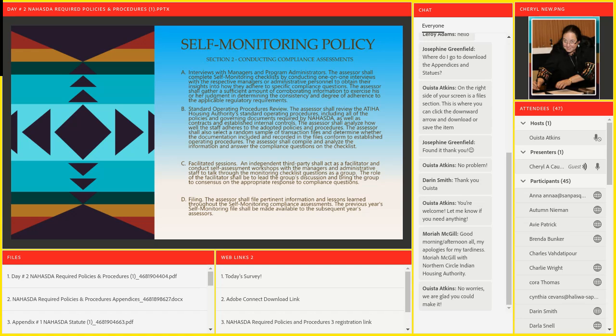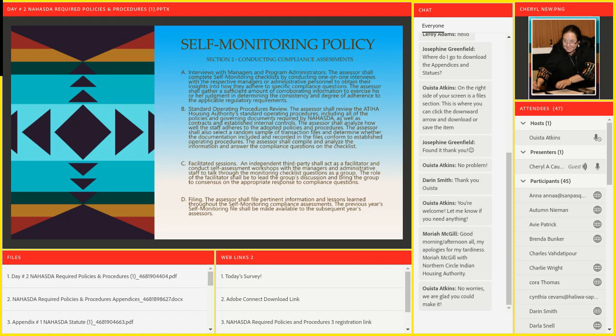Your standard operating procedures review. The assessor shall review the Housing Authority's standard operating procedures, including all of the policies, governing documents required by NAHASDA, as well as contracts, established internal controls, and the assessor shall analyze how well the staff adheres to the adopted policies and procedures.